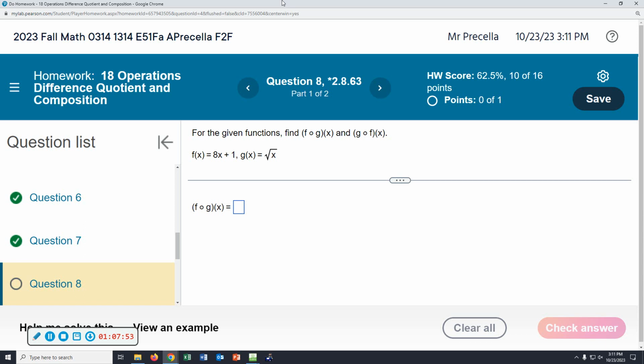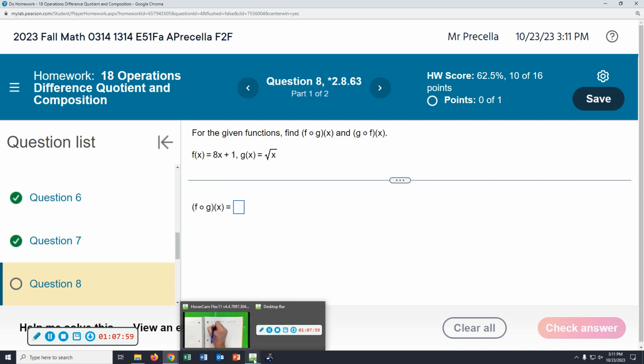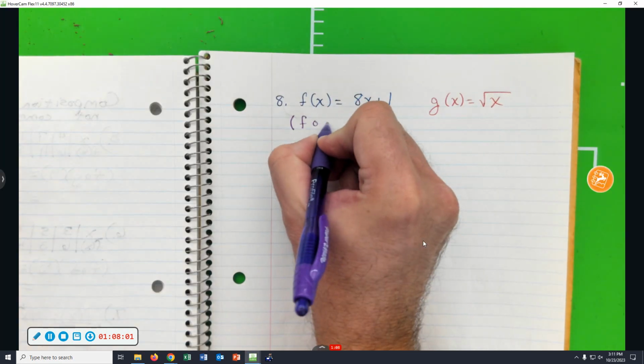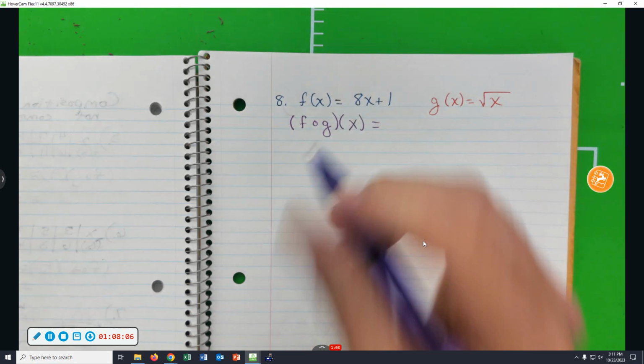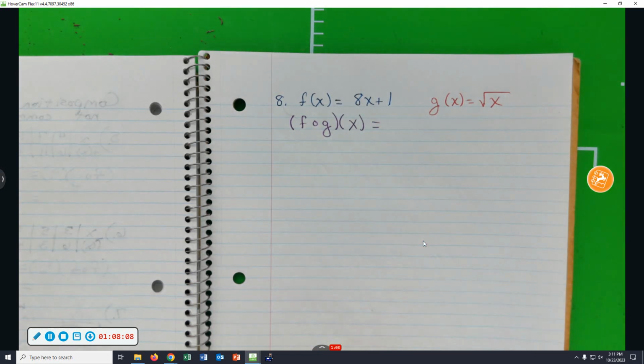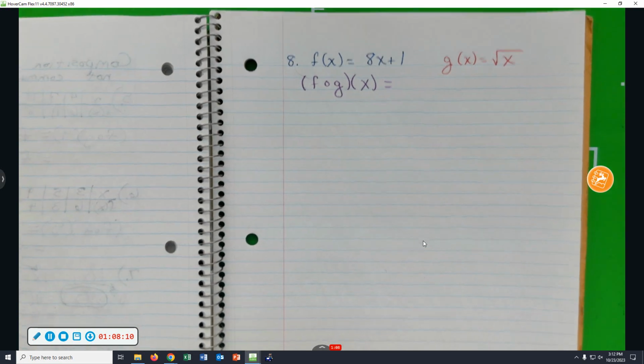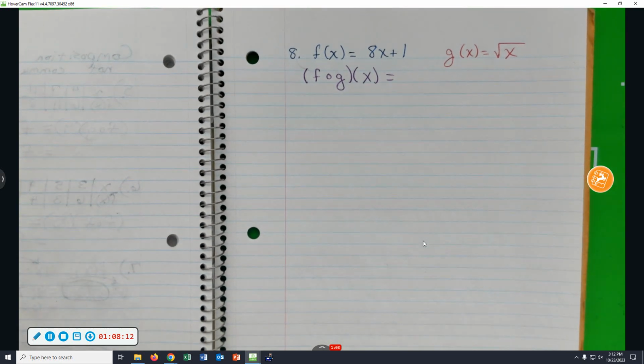Oh, I think this might really show the process, the thought process better. First thing we're looking for is, I think on 7, 8, 9, 10, 11, every one of them says find fog x, find golf x. Okay, so let's see.